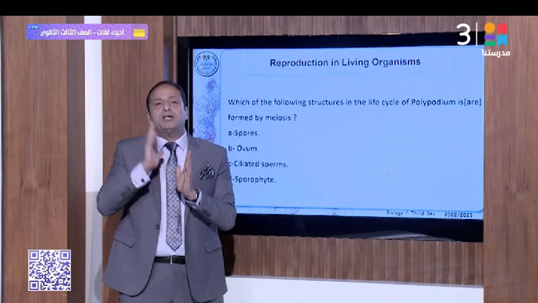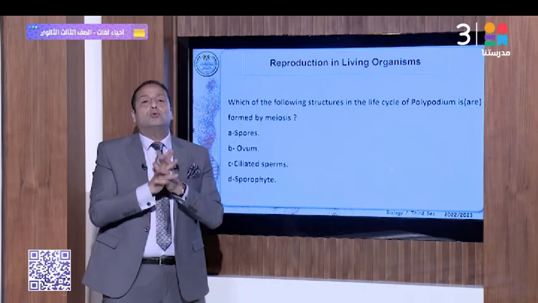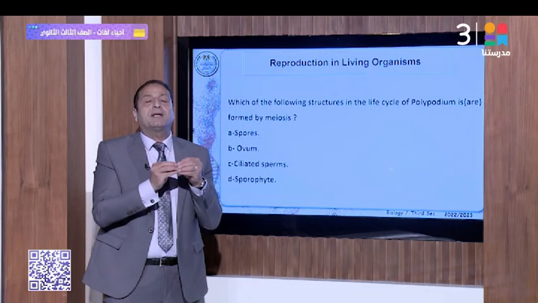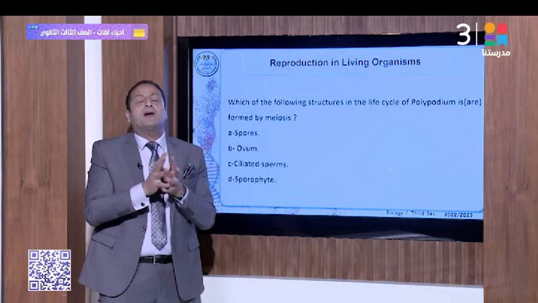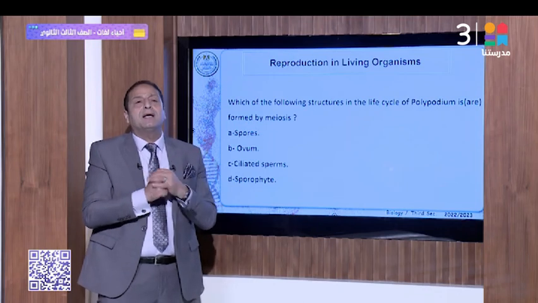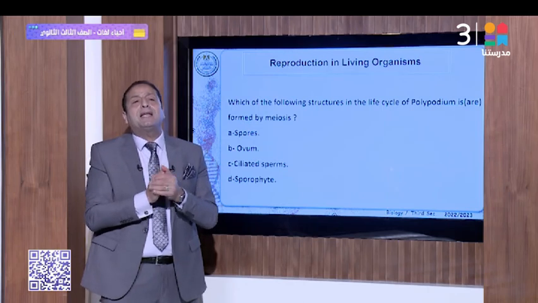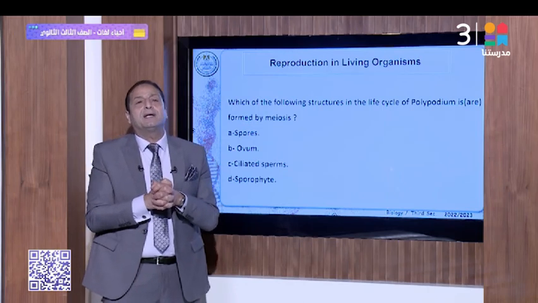Alternation of generations, not regeneration. It depends on a living organism reproducing sexually and then asexually. For example, gametophytes, and another type, sporophytes, which come from sexual reproduction and reproduce asexually.